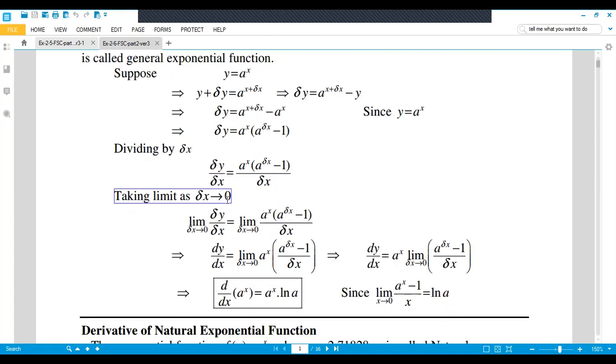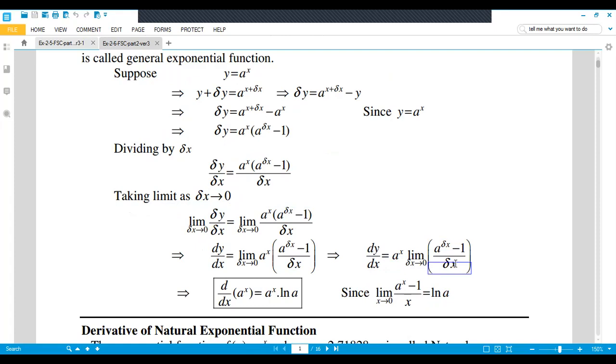You know these 4 steps of first principle. So limit delta x approaches 0, a power x times a power delta x minus 1 divided by delta x. So now you have dy by dx is equal to a power x times the limit as delta x approaches 0 of a power delta x minus 1 divided by delta x.